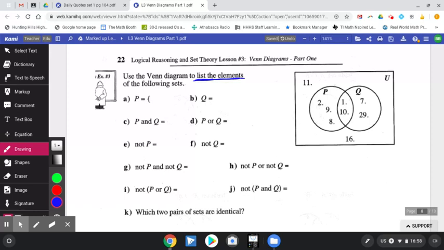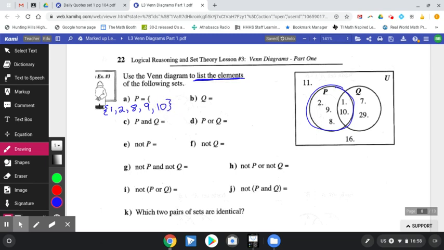So set P is everything in this circle P. And don't worry too much about getting them in the right order. I know I'm going to write too big, so I'm just going to make some space below here. It would include 1, 2, 8, 9, 10.